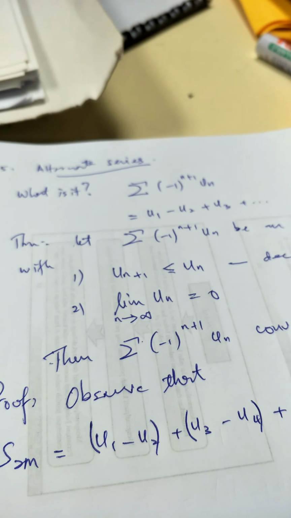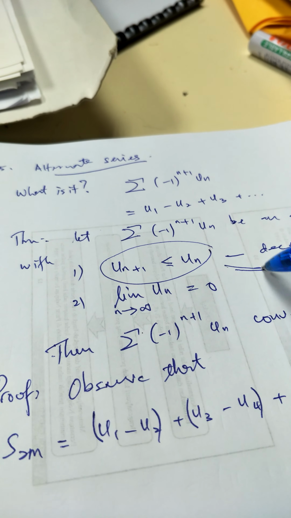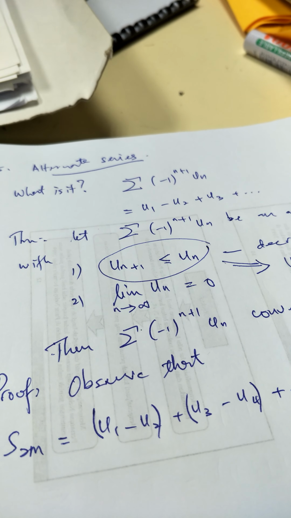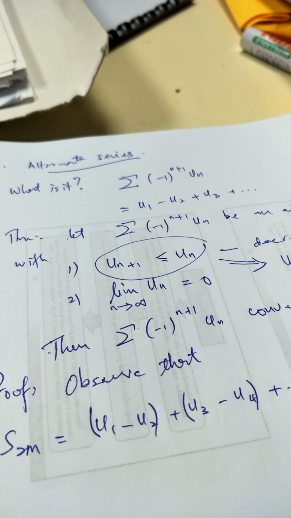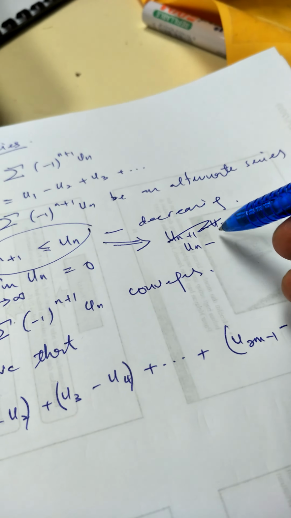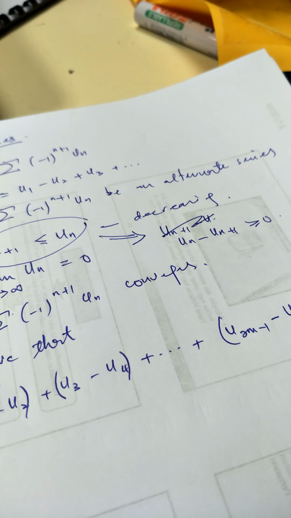If you look at the definition here, u_n minus u_(n+1) is positive.